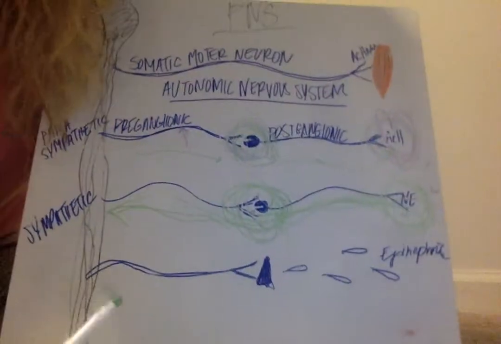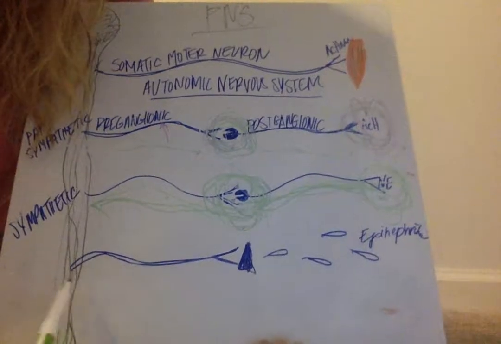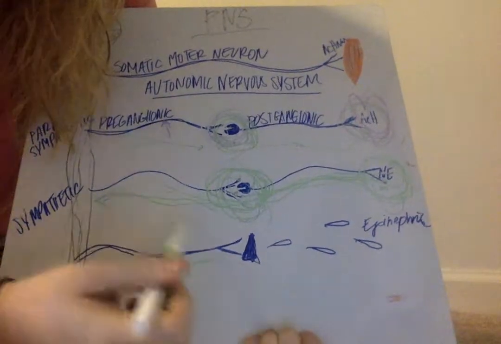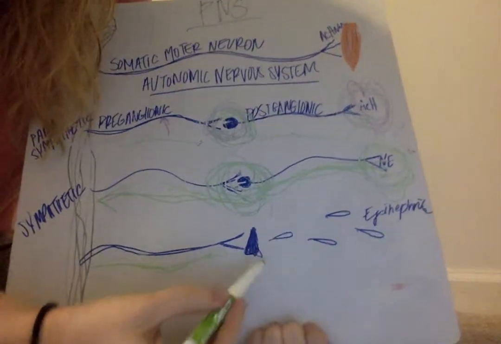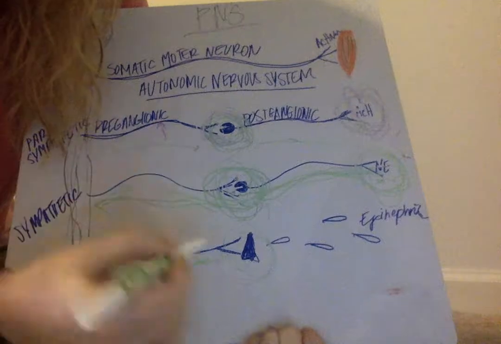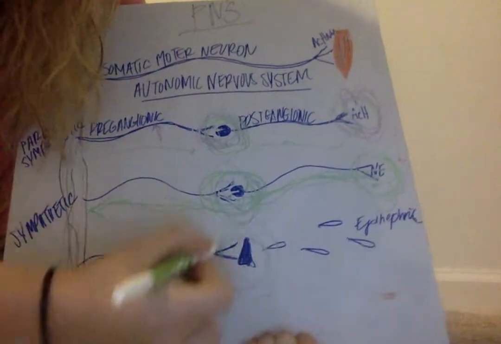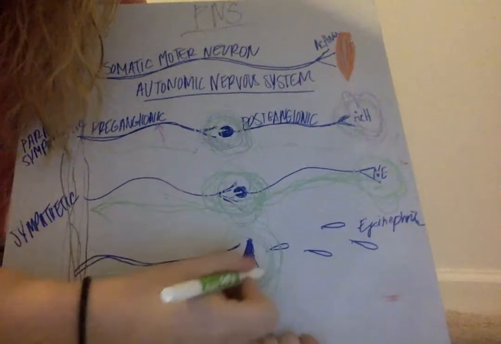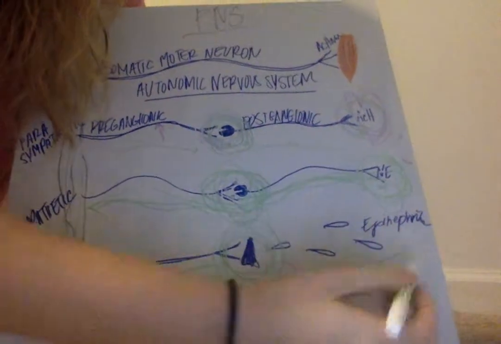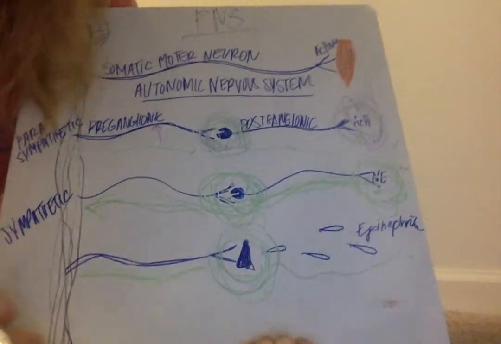The last one is a sympathetic preganglionic neuron, but it directly innervates the adrenal medulla. But it's still viewed as a ganglionic synapse. So this is still acetylcholine here, synapsing in the adrenal medulla, but it's causing the release of epinephrine into the bloodstream, and it acts like a hormone would act.